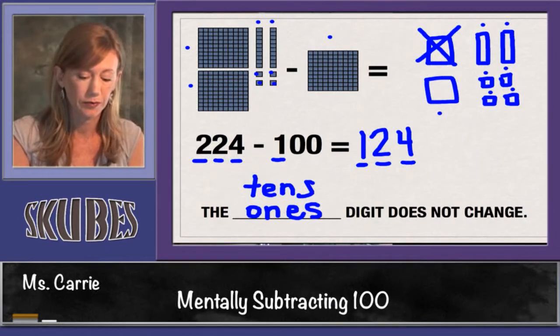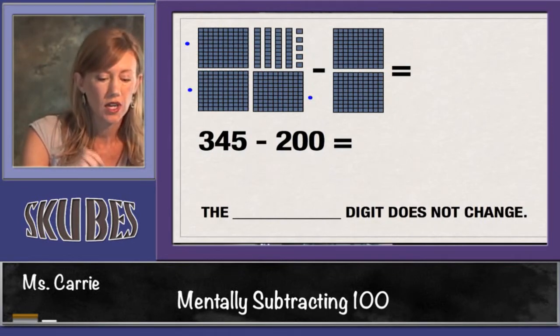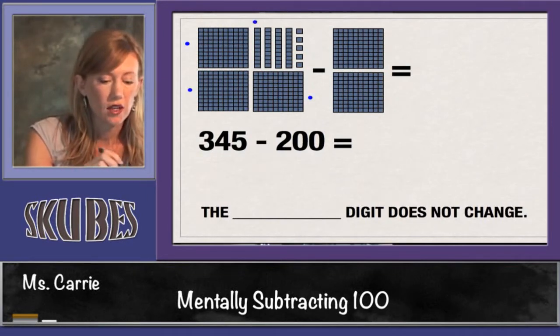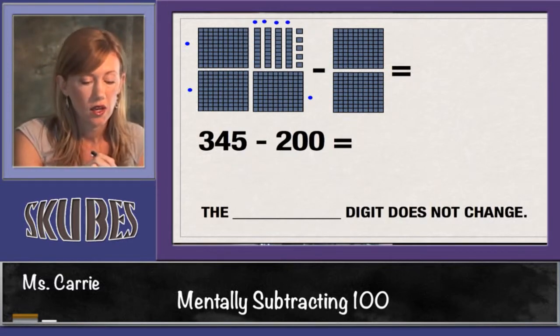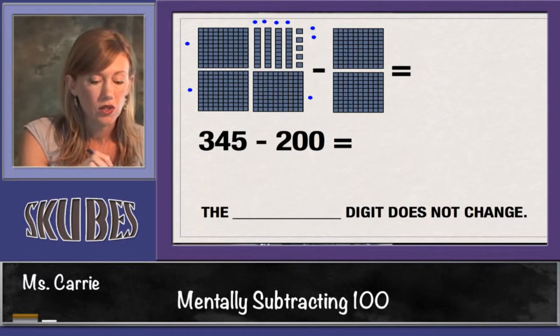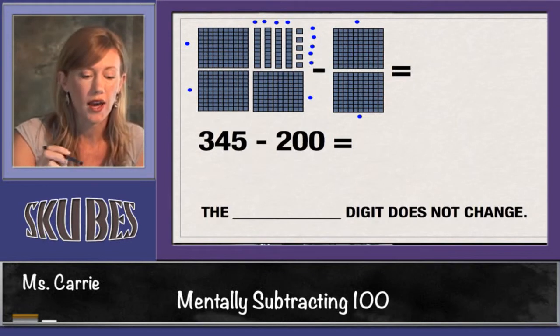Let's try another one. This one is 100, 200, 300, 310, 320, 330, 340, 341, 342, 343, 344, 345 minus 100, 200. Let's draw it out again.